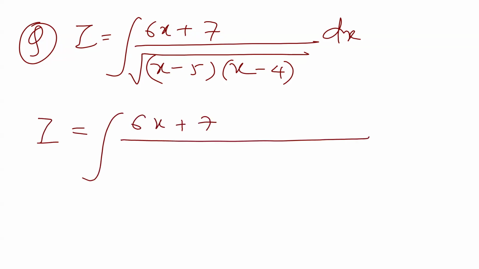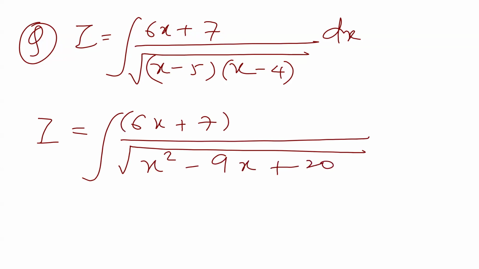So this becomes x square minus 5x minus 4x, that is minus 9x plus 20, dx. So this is a linear term upon root of a quadratic term. Linear because the maximum power of x in the numerator is 1. And root of quadratic, because under the root there is a quadratic term.